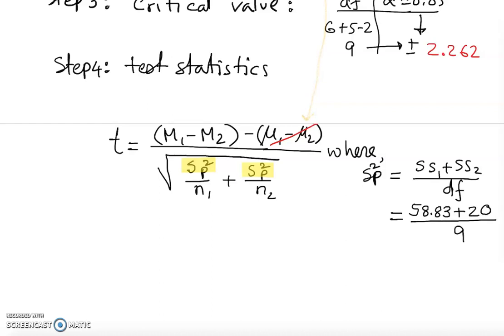Again, that's the degree of freedom, already worked out, so we just use that one. Okay, so S_p squared, the pooled variance, is equal to, I did that ahead of time, 8.76. Let me show you here with the calculator.